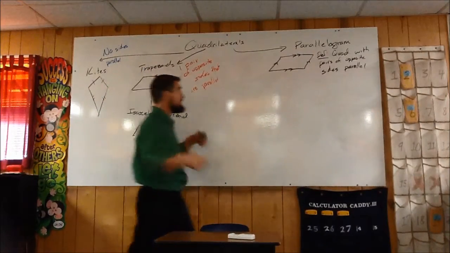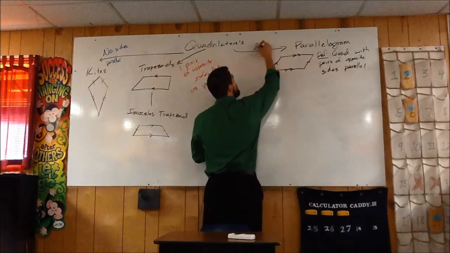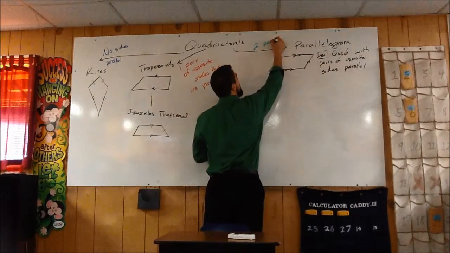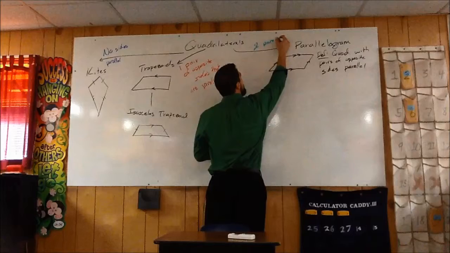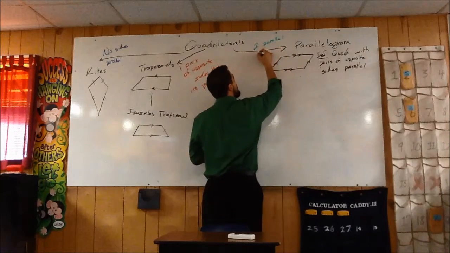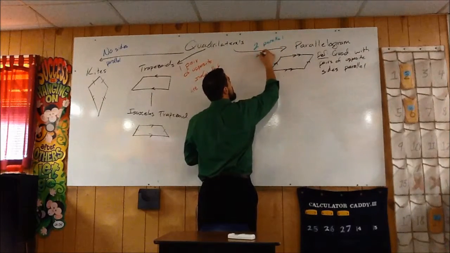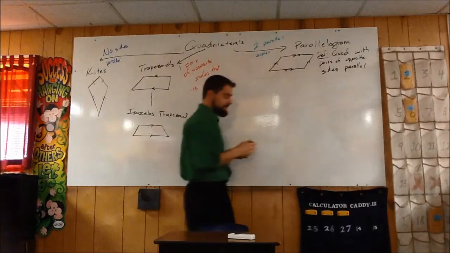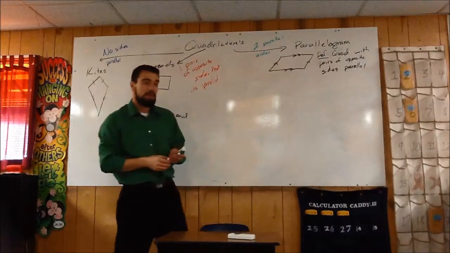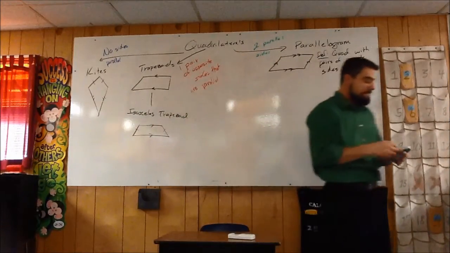And then we talked about this. Kites have 0, trapezoids have 1, so the parallelograms have 2 sets of parallel sides.